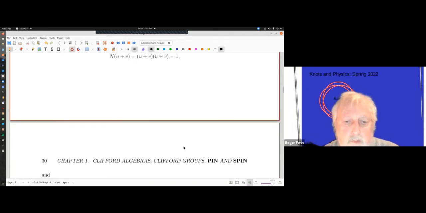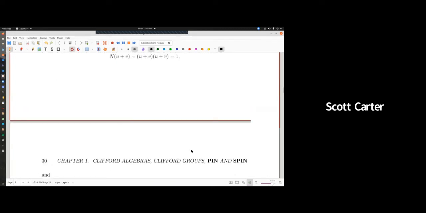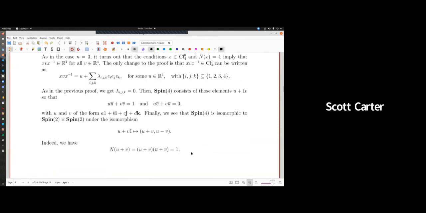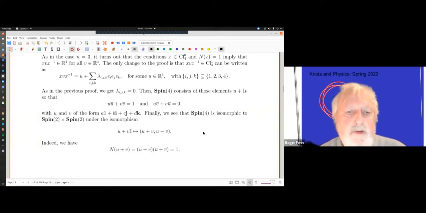So I'm having a bit of a problem on that line. I'm sorry, I thought that Spin 4 was isomorphic to SU2 cross SU2 earlier. And yes, Spin 3 is SU2, but I may just be remembering things incorrectly. Yeah, that's what I would say actually as well.